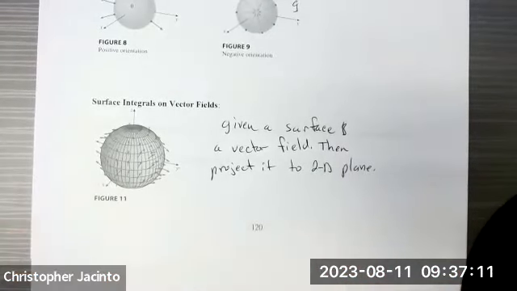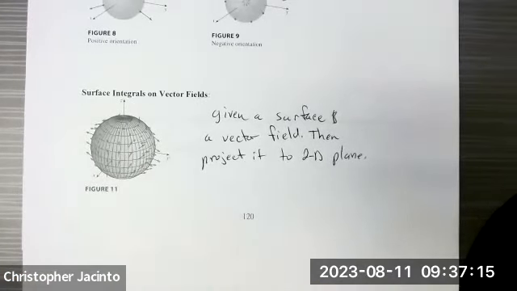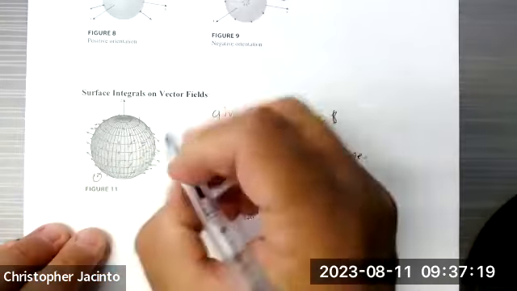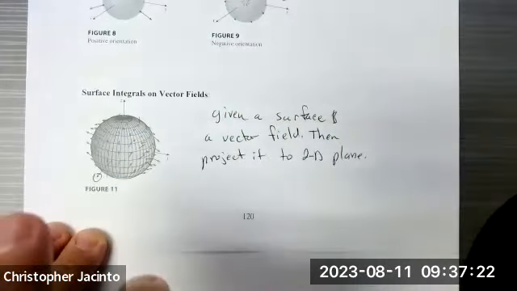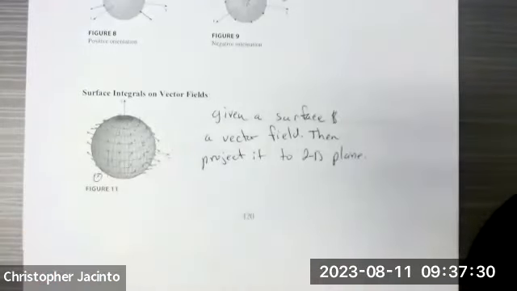Now, in most cases, it's going to be X and Y, but it could technically be any ones we want. We could be in Z and Y or Z and X. Like I said, if I look here, I don't know what Y is, but I see it flat. Like if you're looking at a door, you can't really see the depth of the door. You just see a rectangle. Same thing applies here. It's a two-dimensional sphere that relates to a three-dimensional surface.